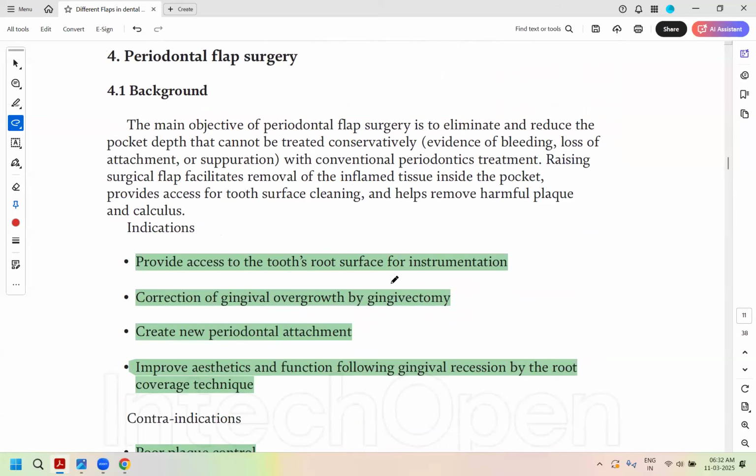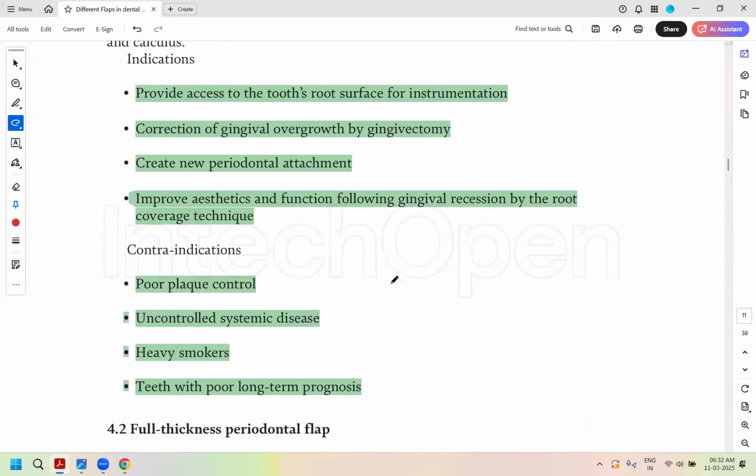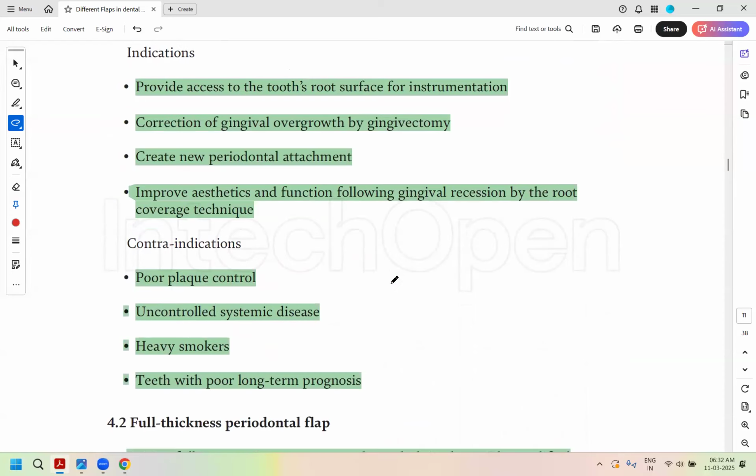Now for periodontal flap surgery, if you are enrolled, you have done this entire class with me where I talked about all the periodontal flap techniques: free gingival graft, coronally positioned graft, lateral pedicle, double papilla graft, apically positioned flap, Widman and modified Widman.